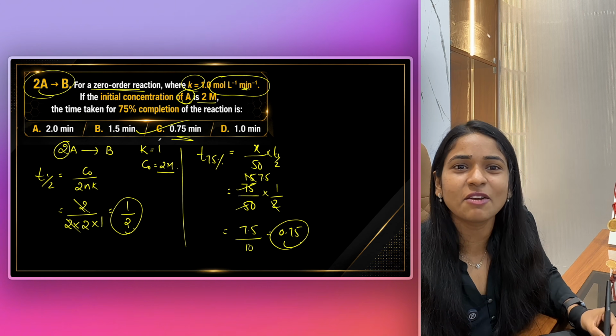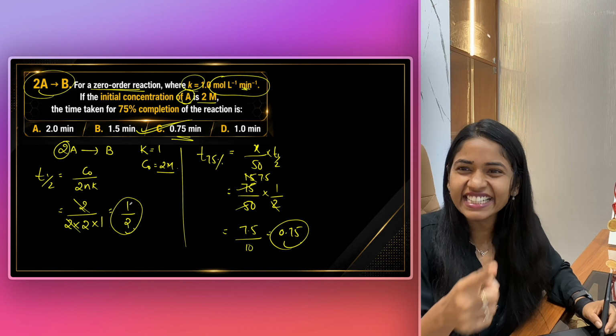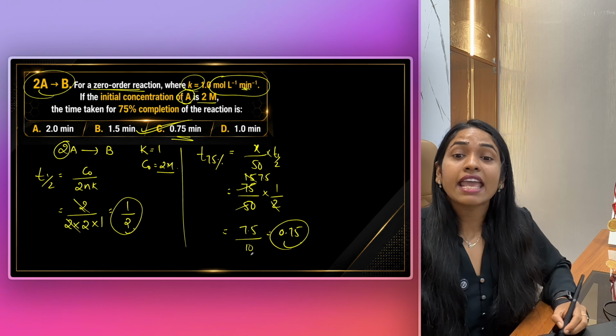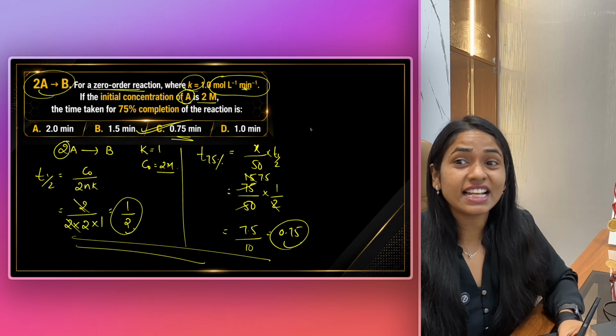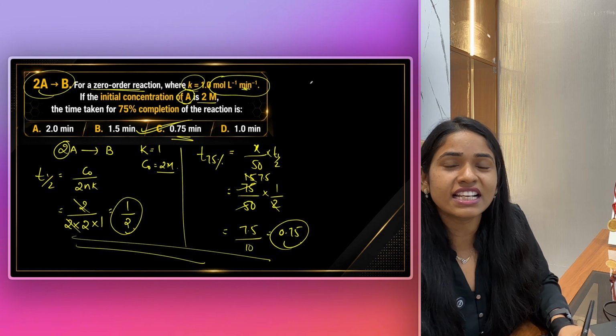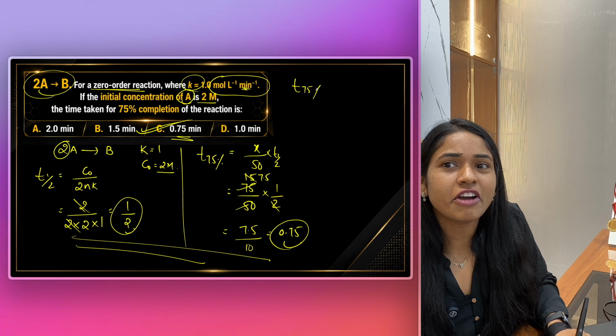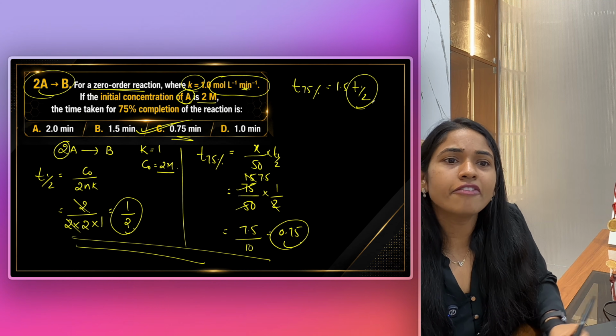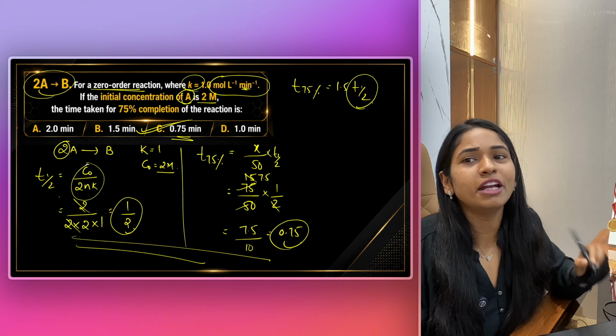That's it. You can literally do it in less than 30 seconds. I am explaining, that's why it might take a few more seconds. Otherwise, T 75% is equal to 1.5 T half. T half calculation formula is C naught by 2nk.